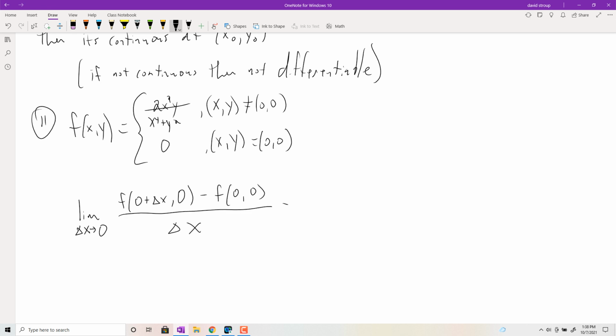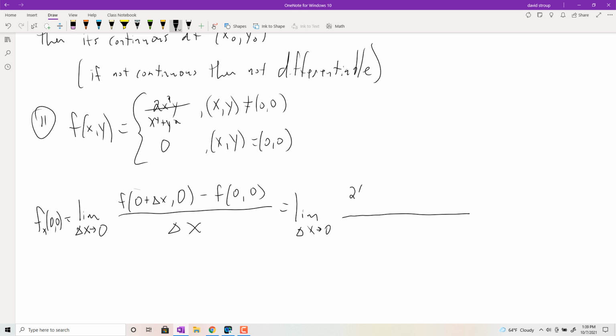Okay. So looking at this, this is our partial derivative of f with respect to x at (0, 0). So we have the limit as change in x goes to 0. Plug 0 plus change in x and 0 into the function. So that first term, what will you have?